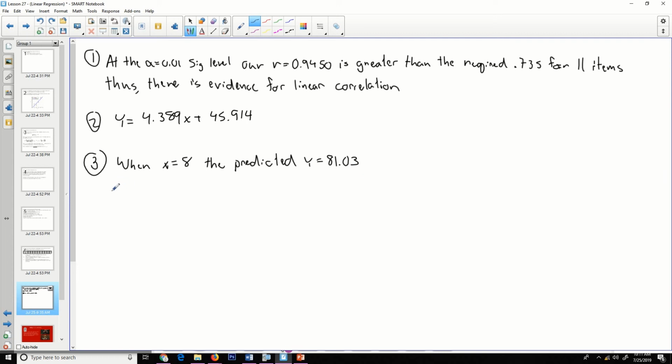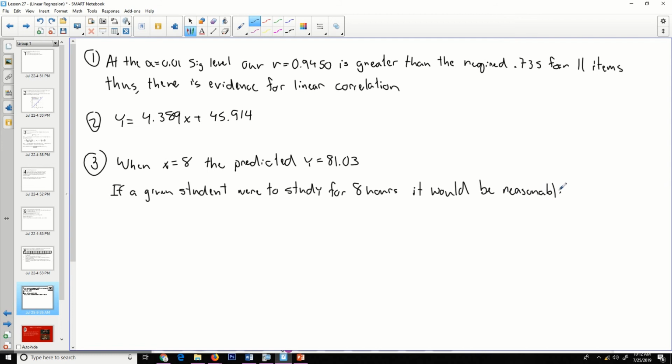My conclusion is, if a given student were to study for 8 hours, it would be reasonable to expect the student to earn an 81 on the final.